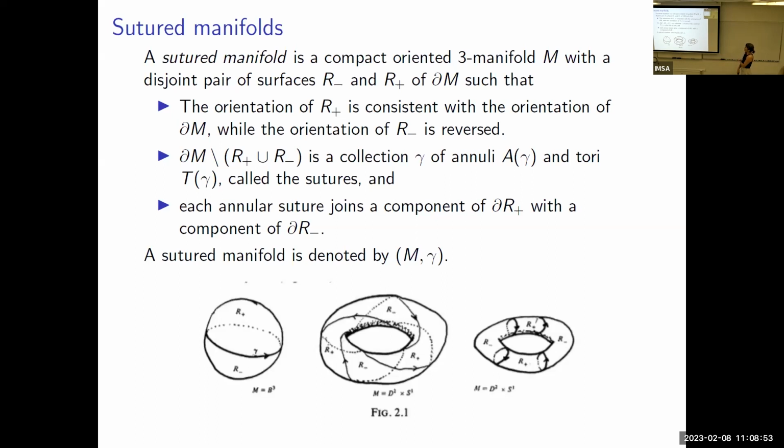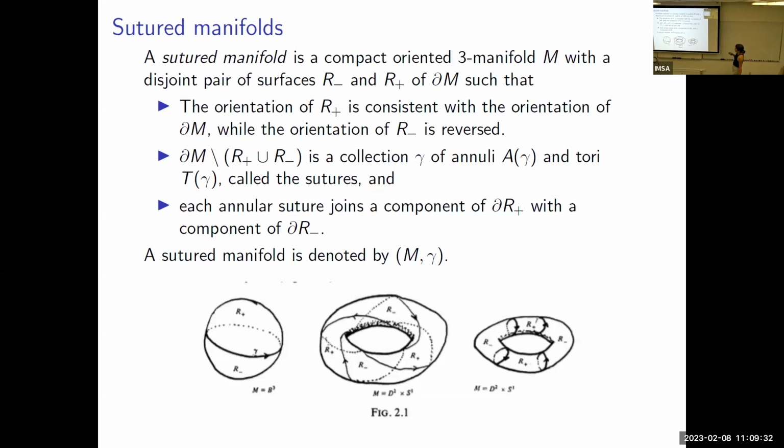We start with a compact oriented 3-manifold, and a suture structure for that manifold consists of a disjoint pair of surfaces, R plus and R minus, in the boundary of the manifold. The orientation of R plus is consistent with the inherent orientation of the boundary of the manifold, and R minus has the orientation in reverse.